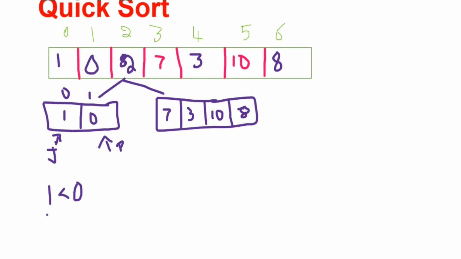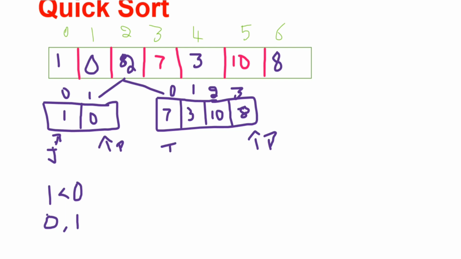No. 1 is greater than 0? Yes. We need to swap. After swapping, we get 0 and 1. The left sublist contains 0 and the right sublist is empty in the left recursive call. Next we move on to the right recursive call.